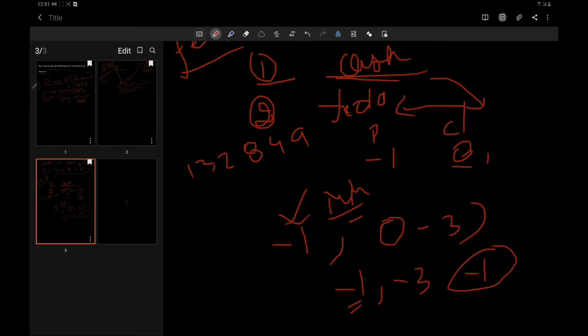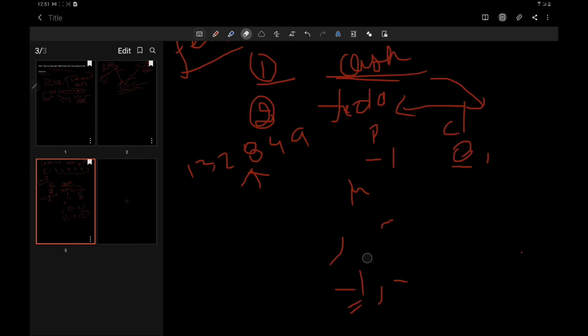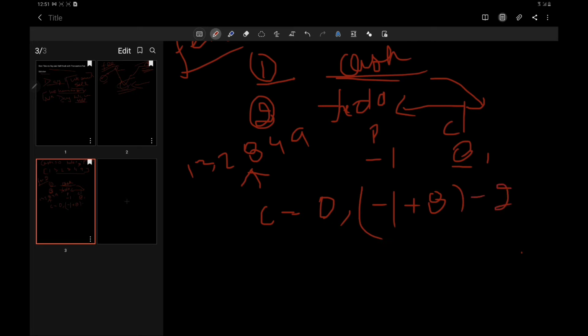Now when will this value change? When we encounter 8. So what will be the value? Alright, these are the same value, it will remain the same. Now for cash it would be either 0 or -1 plus 8. We do a transaction and we pay a transaction fee, that will equal 8 minus 1, 7, 7 minus 2, 5.